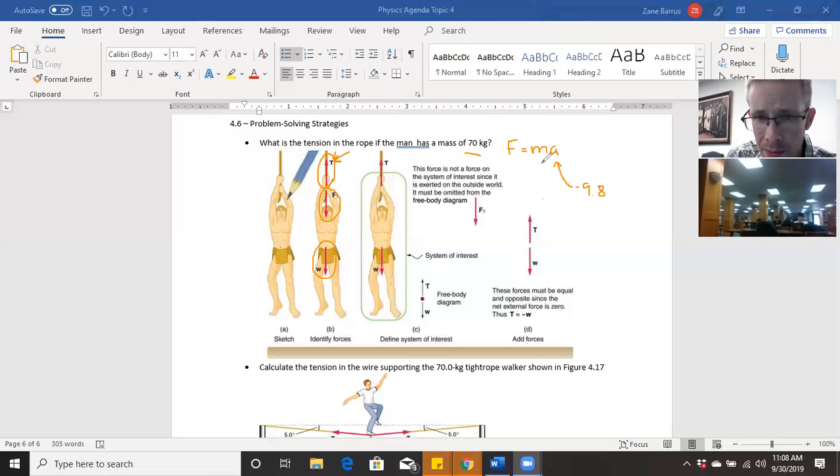If I know that the man has a mass of 70 kilos, I'm going to plug in 70 for the mass, and all I have to do is multiply those two numbers together, and that's going to give me the tension force. Turns out that's exactly the same thing as his weight, because we're multiplying his mass by the gravitational pull. So in this case, the tension is the exact same thing as the weight. It's just that gravity is pulling down while the tension is pulling up.